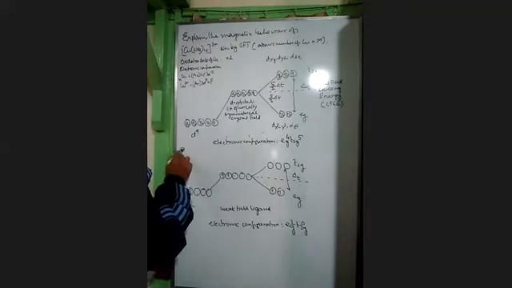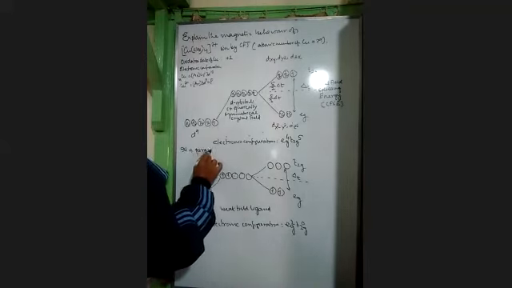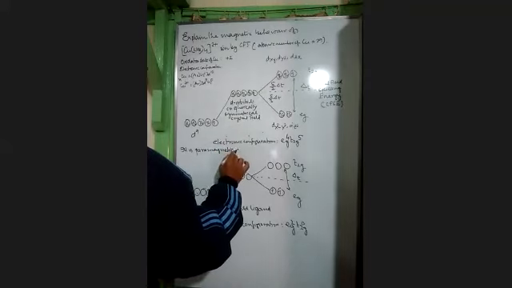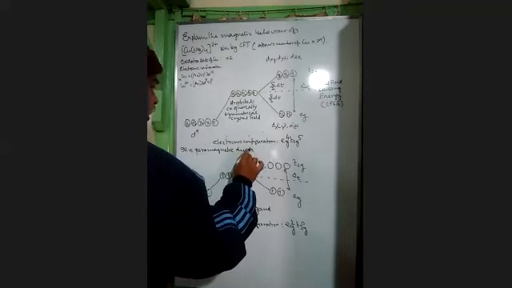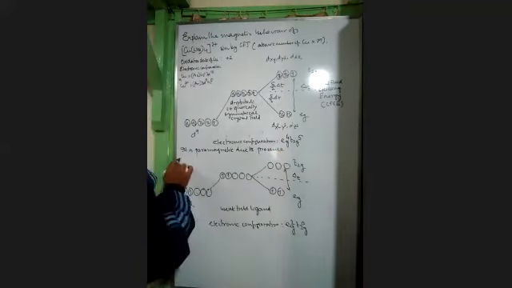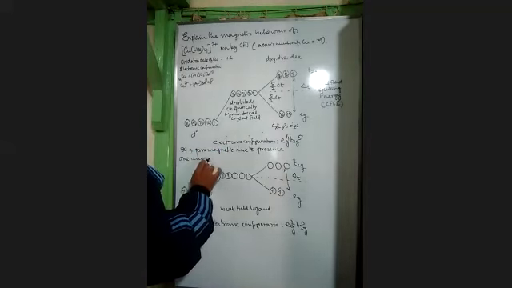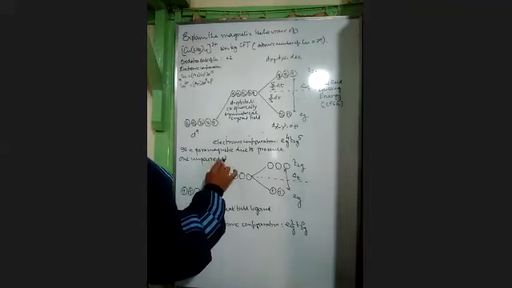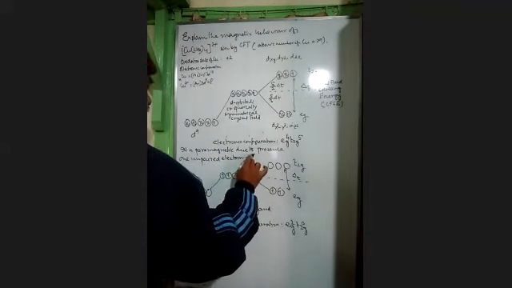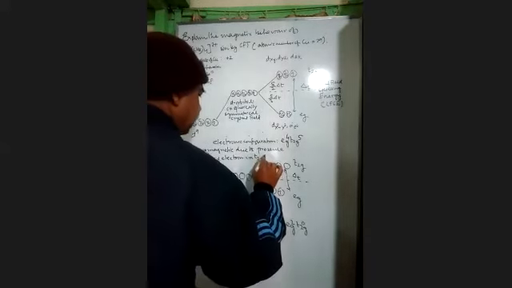So it is paramagnetic due to the presence of one unpaired electron in the T2g level.